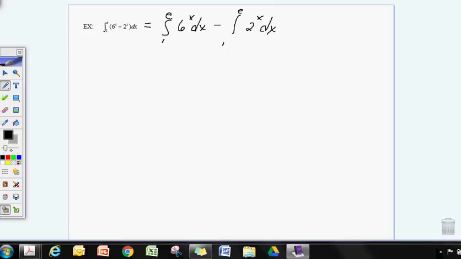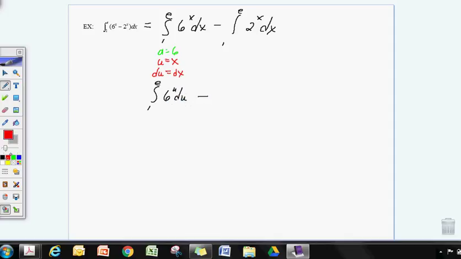Okay, so that's doing exactly what we just finished. My a value is 6. My u value is x, which means my du value is just dx. So this is technically ready to go. I could solve it, but I'm going to rewrite it as 1 to the e, 6 to the u du.